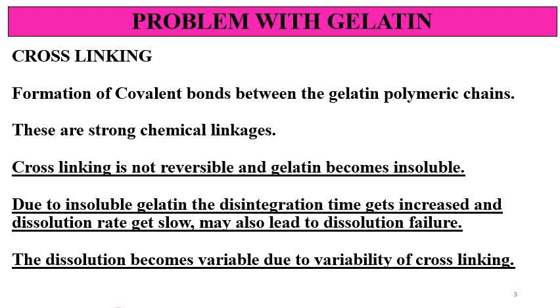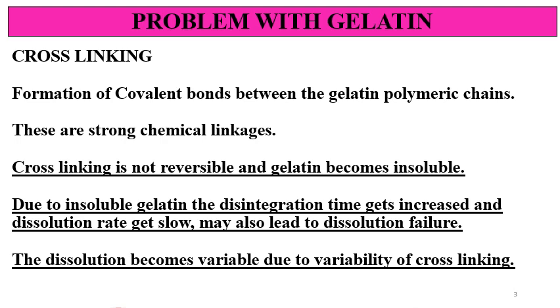So cross-linking is an irreversible process. That means once the bond is formed, the bond will not break, as it is a strong covalent bond between the gelatin polymeric chains.